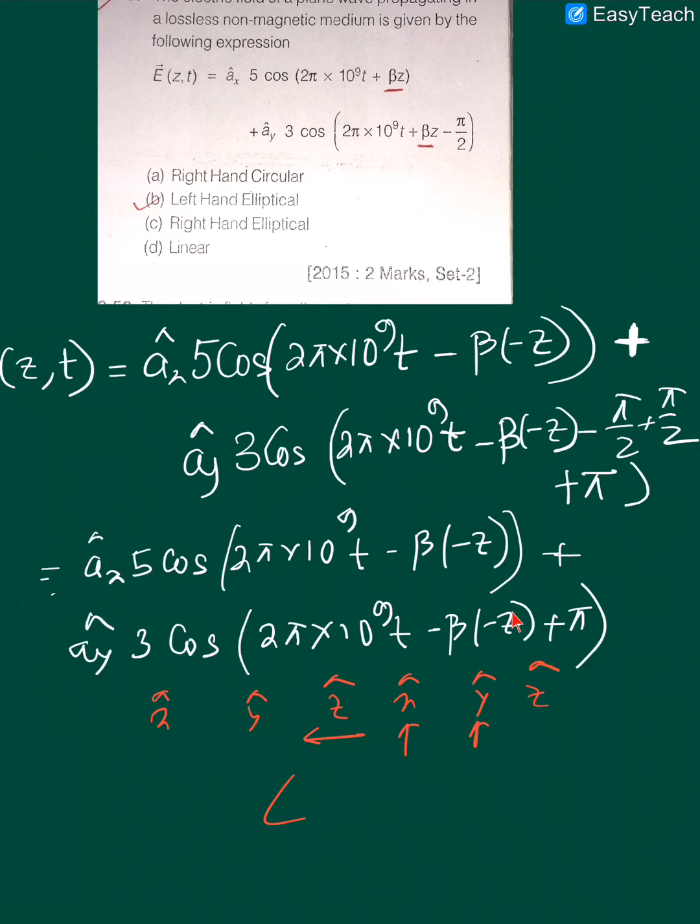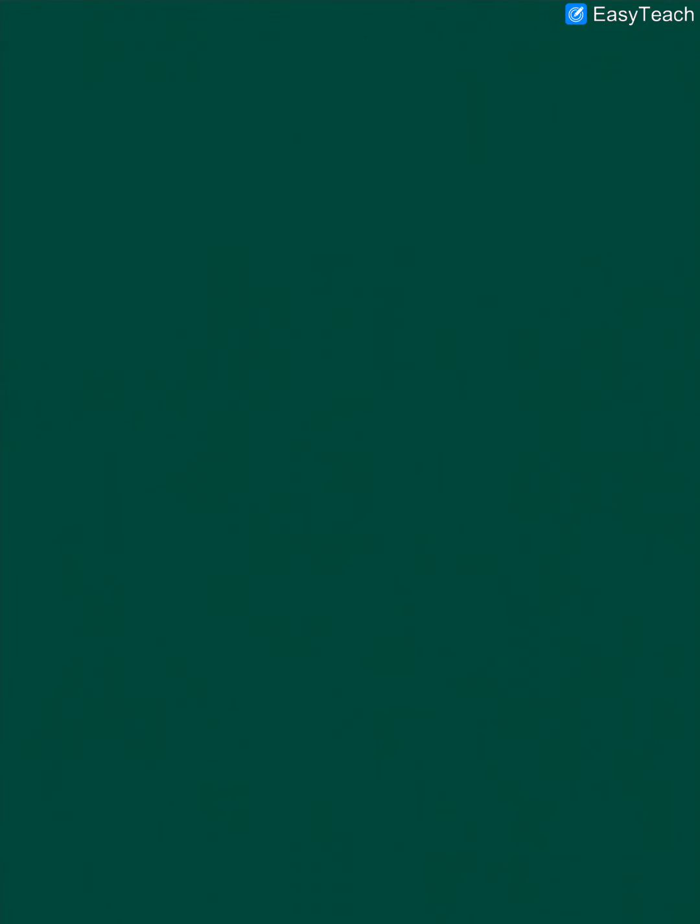So x component minus y component is basically minus pi, right? So delta equals minus pi, and we know for delta equals plus minus pi or 0, it is a linear polarization, right? So this is how you can solve this type of problem.